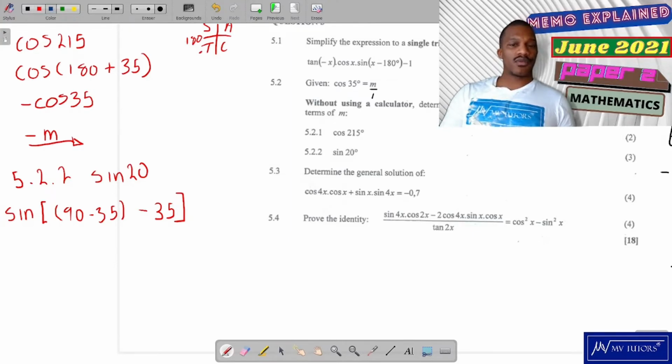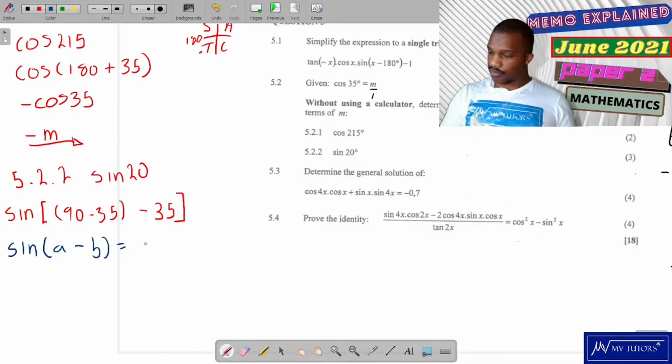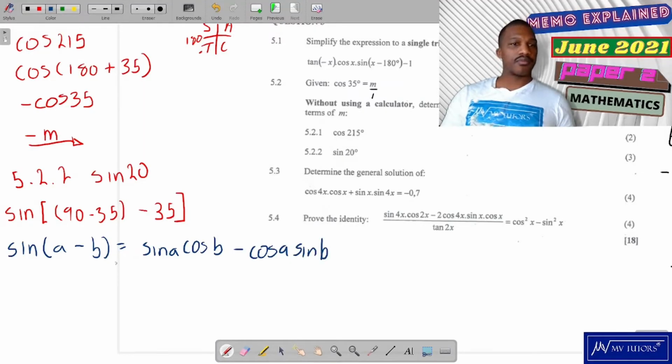And also we know we need the compound angle rule. I have them right here. If I have now the sine of, let's say, a minus b, then that's going to be equal to sine a cos b, minus cos a sine b.